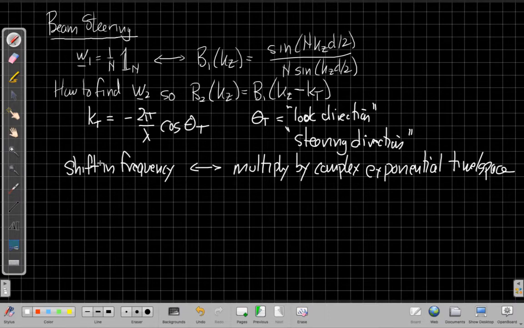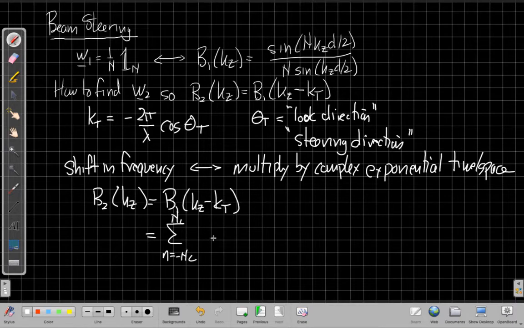We can say, I want to have, like I wrote above, B2 of kz equal to the original broadside sinc shifted by kt. We also know from the definition that this is equal to the sum as n goes from minus Nc to plus Nc of W2 conjugate n e to the minus j kz dn.